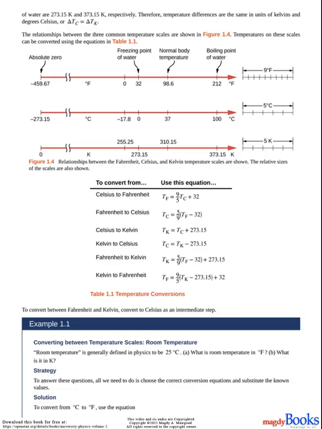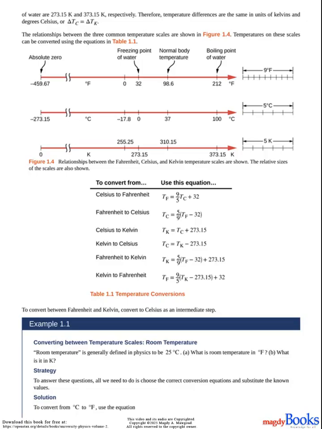Kelvin to Fahrenheit. T Fahrenheit equals 9 over 5 times (T Kelvin minus 273.15), plus 32. Table 1.1 Temperature conversions. To convert between Fahrenheit and Kelvin, convert to Celsius as an intermediate step.